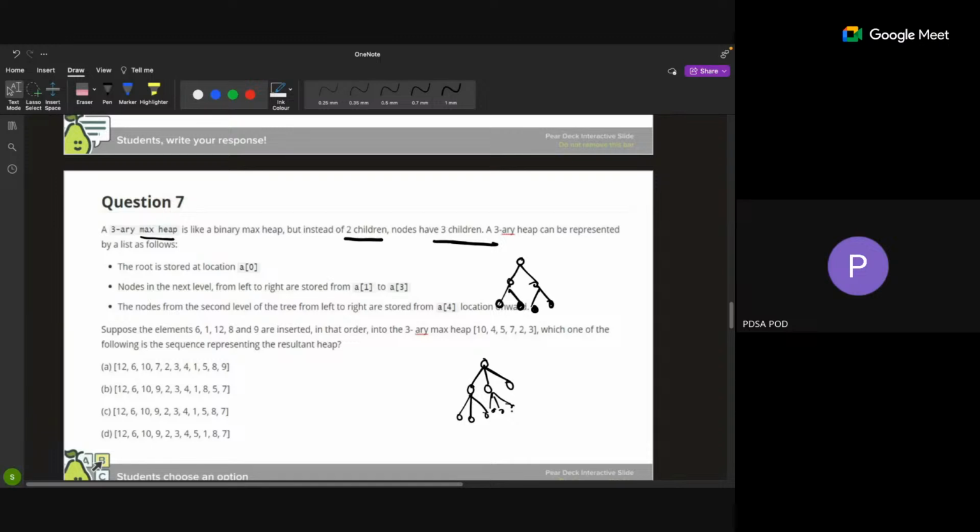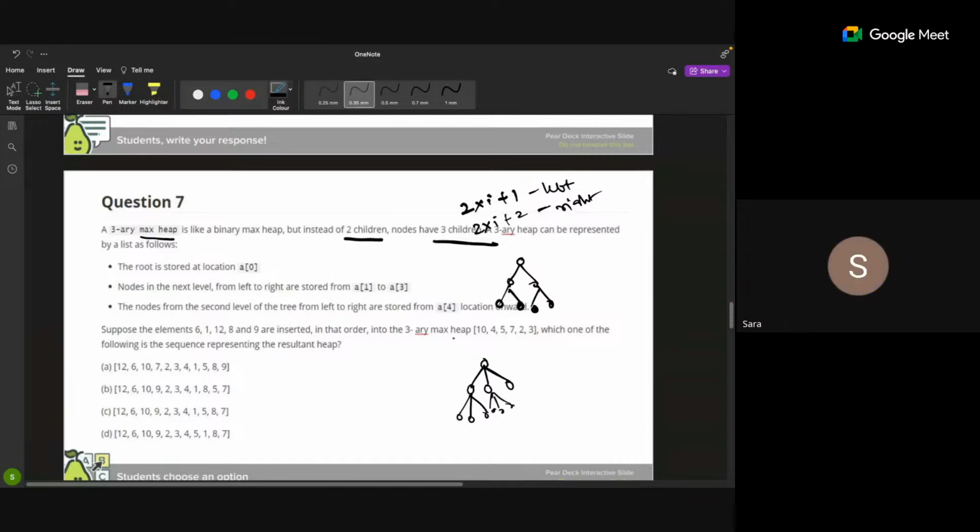Now the question is how to find the left descendant of the current root. With 2 children it is 2 into I plus 1. So how do we find the left of the root and the right of the root?